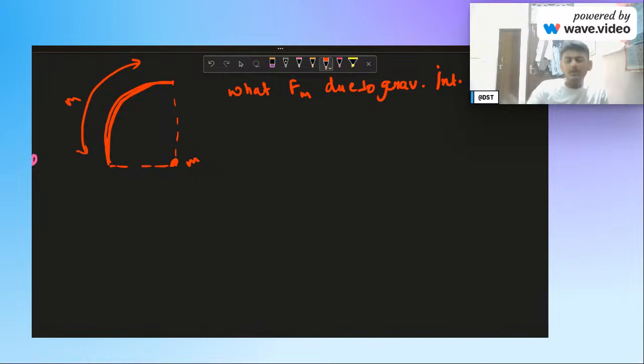Now we know that this is not a point mass, so we will have to divide it into various smaller point masses of mass dm. So now comes the important part: how to divide them. Now let us take along their angular bisector, at an angle theta.